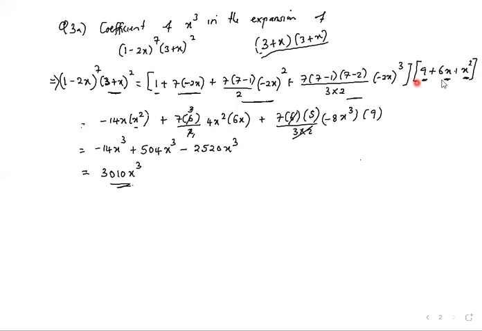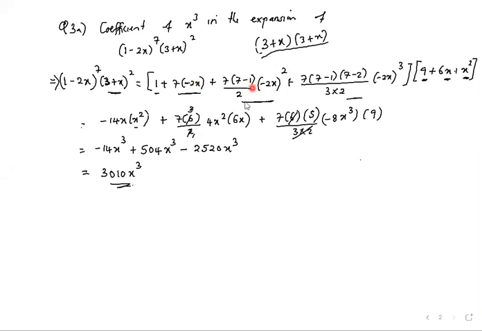If you multiply 1 by 9, by 6x, or by x squared, none of the terms will have x power 3. But if we use this one, which has x, multiplied by 9 or by 6x, again, none of them will have x power 3. But if you multiply this, which has x, times x squared, then we realize a term that has x power 3. So we used it here.